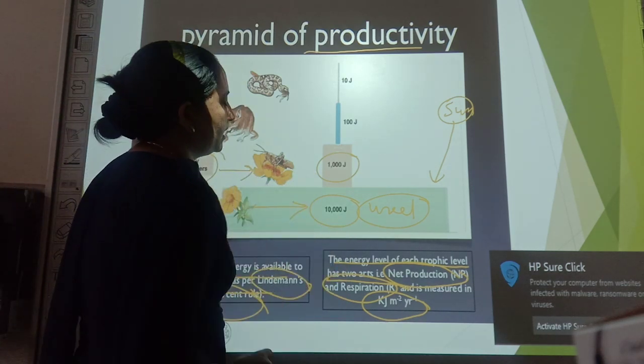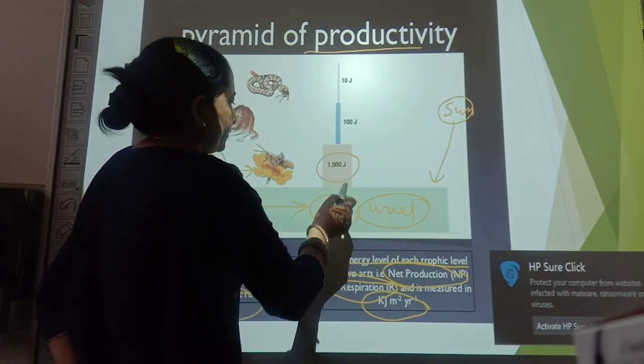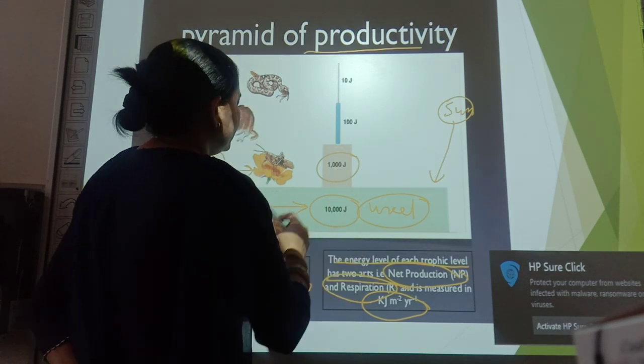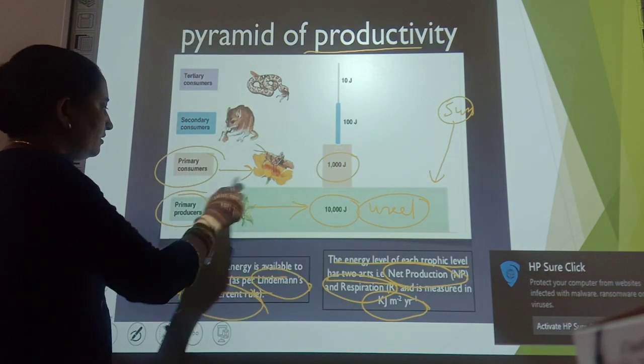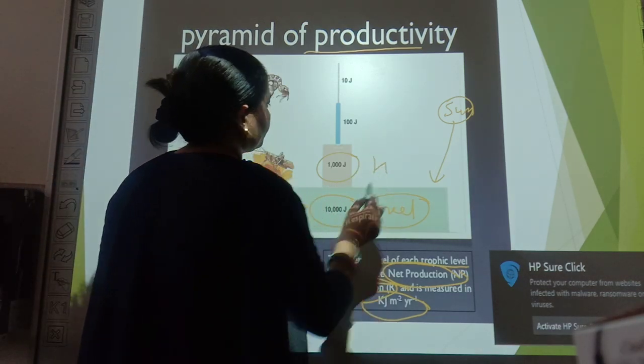So this is only 1000 joule, and the other energy is used by the primary consumers. These are the herbivores.